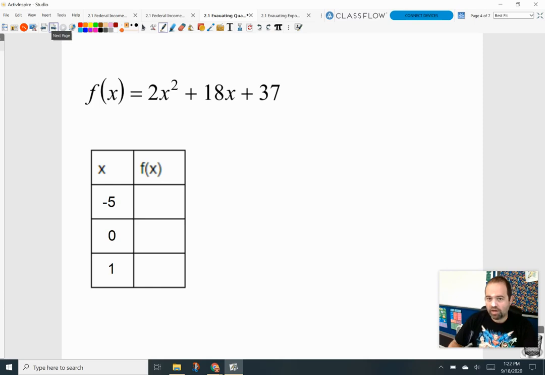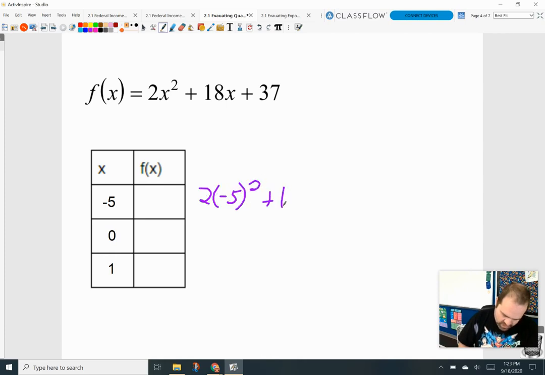A little bit bigger function, bigger numbers. There's a multiplier in front of the x squared, but it comes down to basically evaluating a function: do you know how to use your calculator? If you're not using a calculator, take your time. Make sure you're following your order of operations. So 2 times -5 squared plus 18 times -5 plus 37.